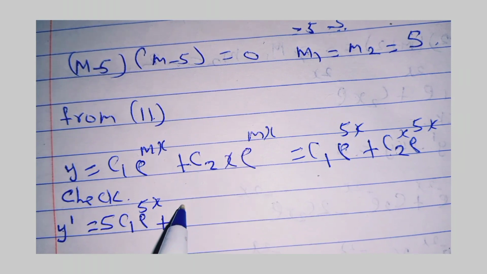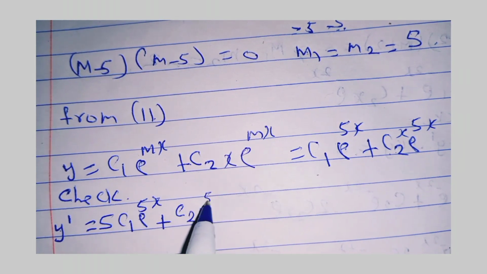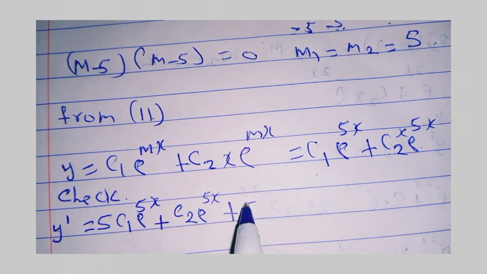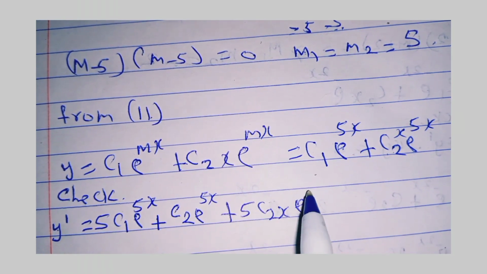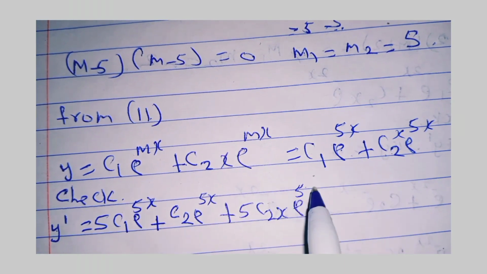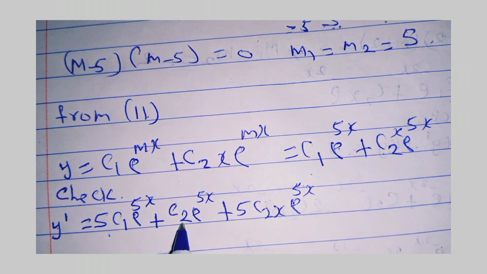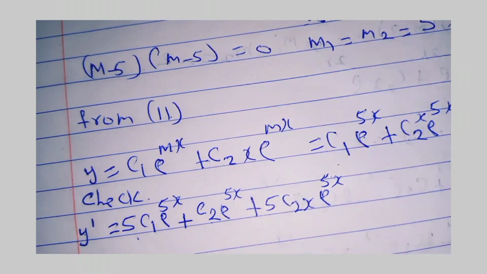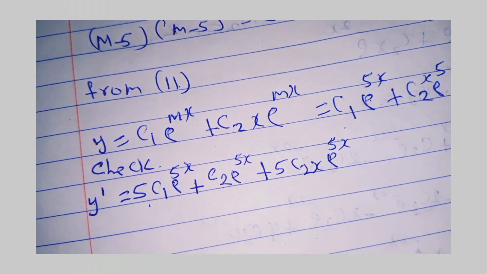So you will get c2 exponential 5x plus 5 c2x exponential 5x. There is none which we can group there, so you leave it at that level.